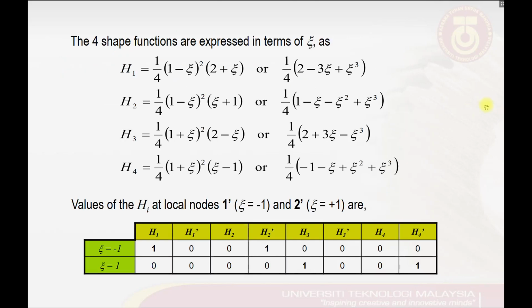The 4 shape functions can be expressed by the equations as shown in this slide. For example, if we know the positions along our beam structure where we want to calculate the h values, then we can simply substitute z into these equations.